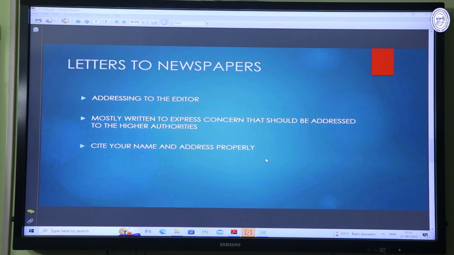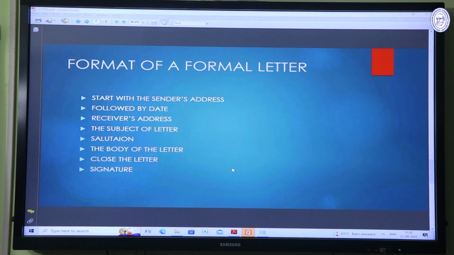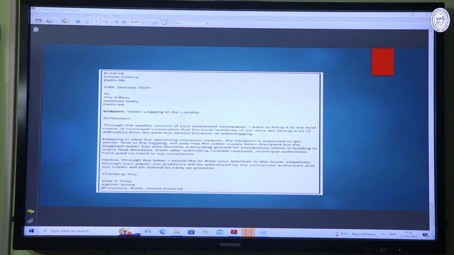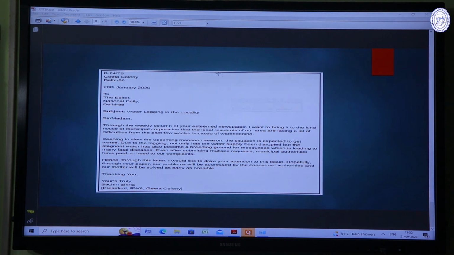Now, the obvious question: I think all of you have been writing letters right from your school days, and still there are some confusions regarding how one should structure the letter. So for your help, I made a list of how you should structure the letter, followed by a sample. I think this example will help you understand the structuring of the letter.